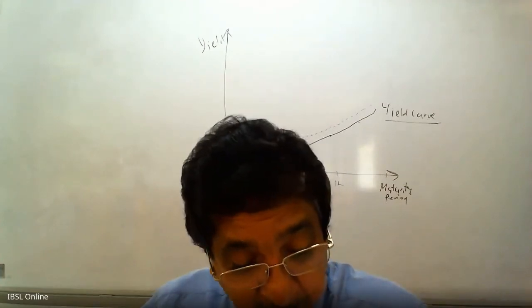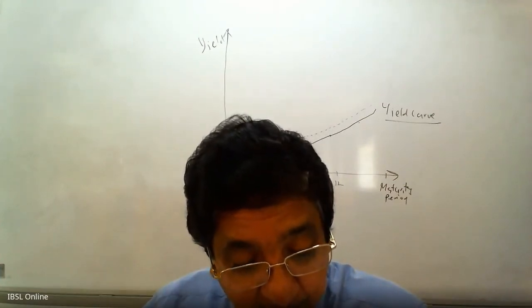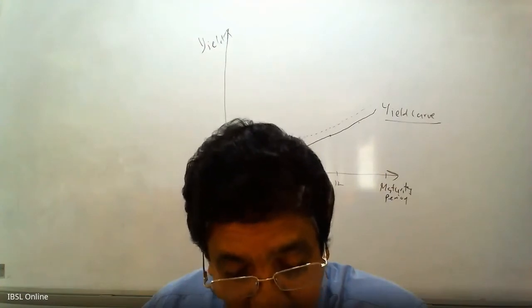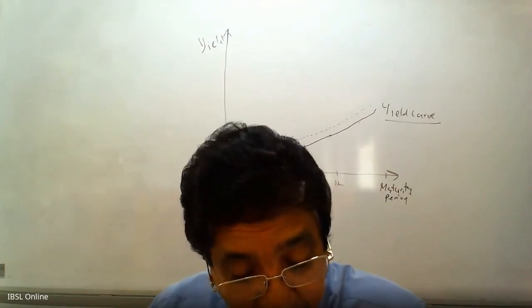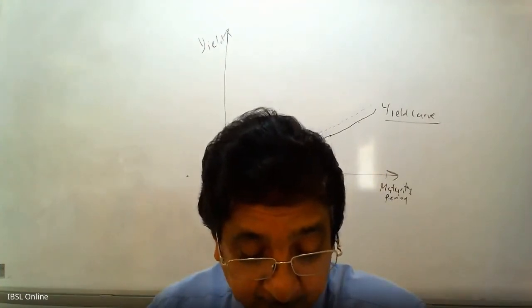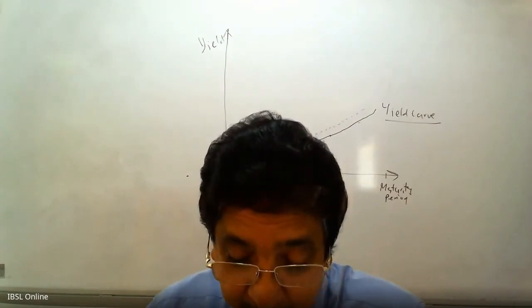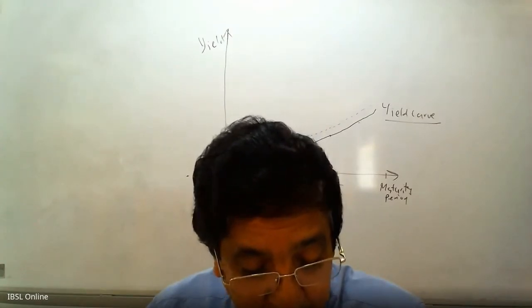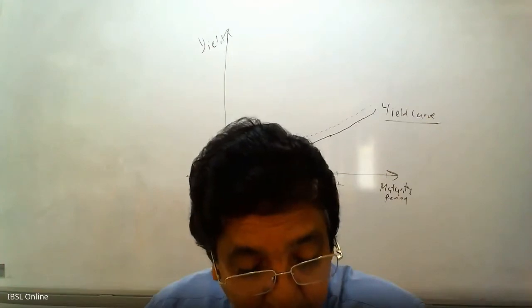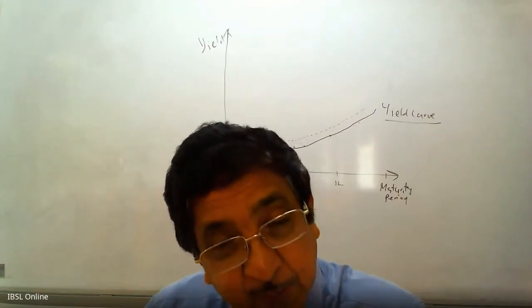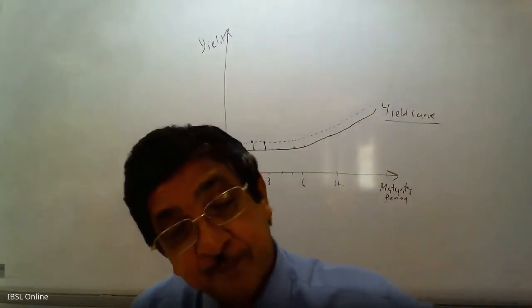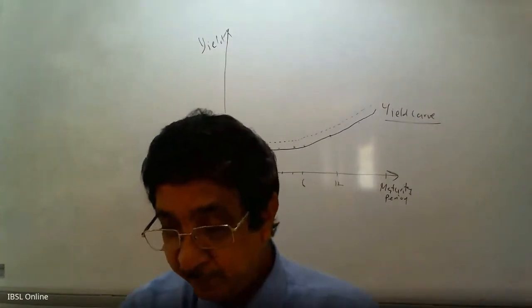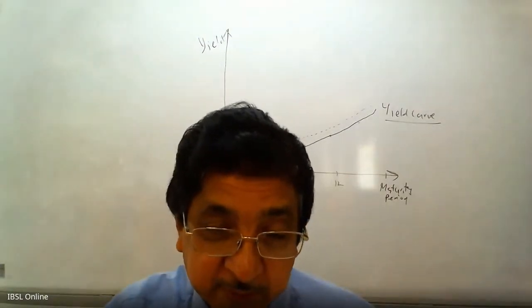Calculation of the duration of a bond we did. But how are we going to calculate the duration of a loan? So how are we going to do it? I think the same principle applies here. Now I will go to the question.